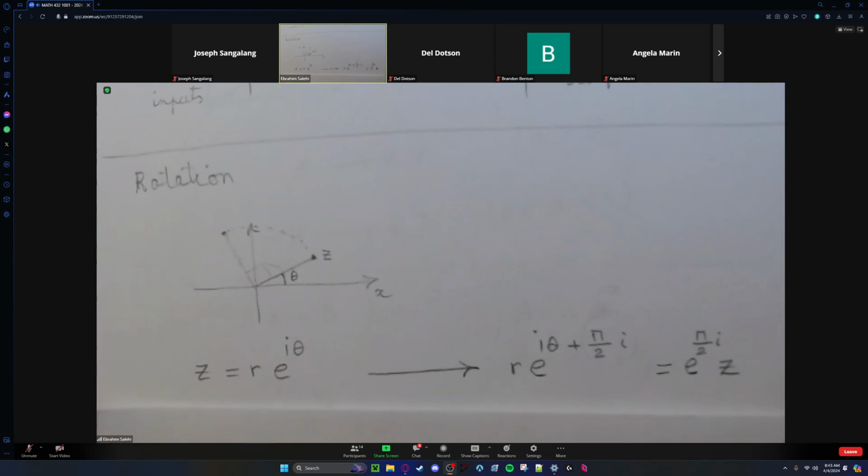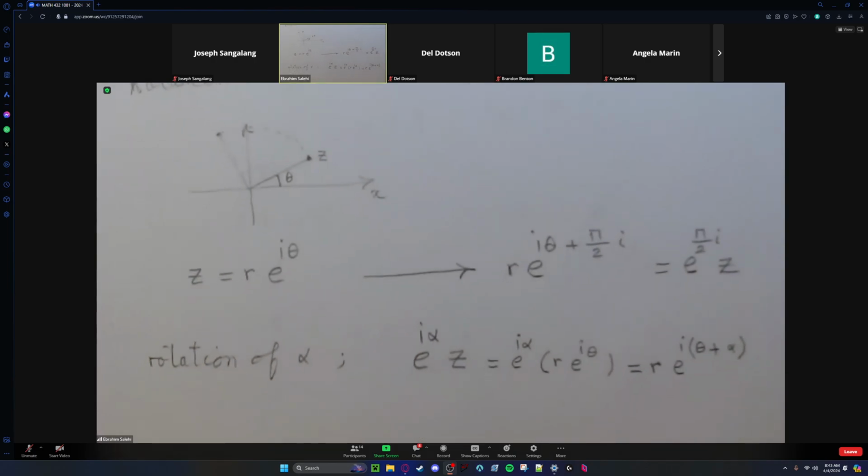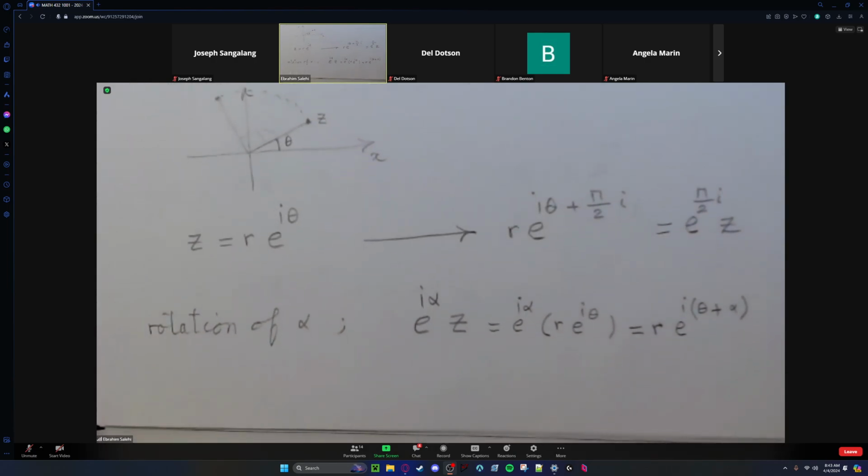How about if I want to rotate alpha degree? Well, rotation of alpha degree is right here. You simply multiply by e to the I alpha. Okay? So that is one of the very basic motions in geometry, rotation.